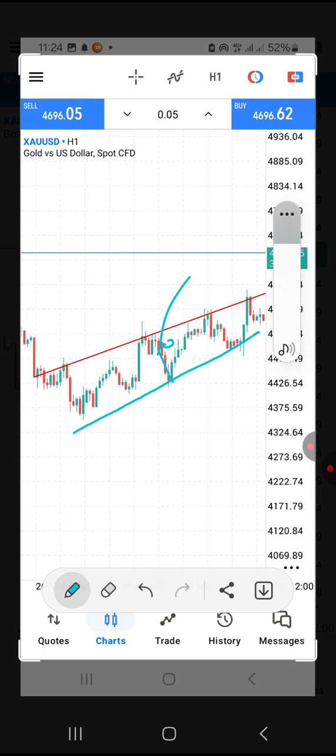So what you will do for this class is open at least three charts, identify whether the market is bullish, bearish, or ranging. The first assignment is: open at least three charts.